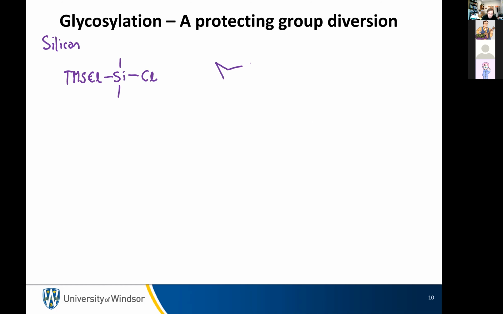The way you put all of these silicon ones on, say you had this handy thiophenol that we were just talking about, and everything else is an OH, you take imidazole, normally dichloromethane.